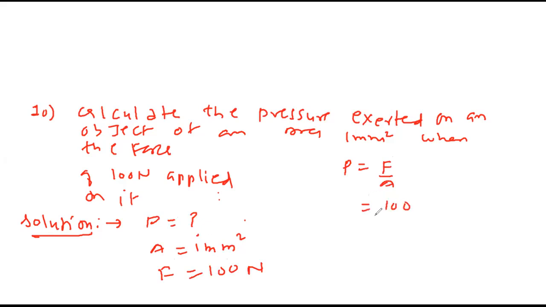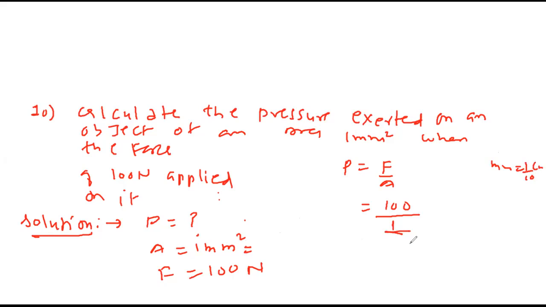Force is 100, area is 1 millimeter square. How to convert millimeter to meter? Centimeter first. 1 millimeter: if I divide by 10, I get centimeter.